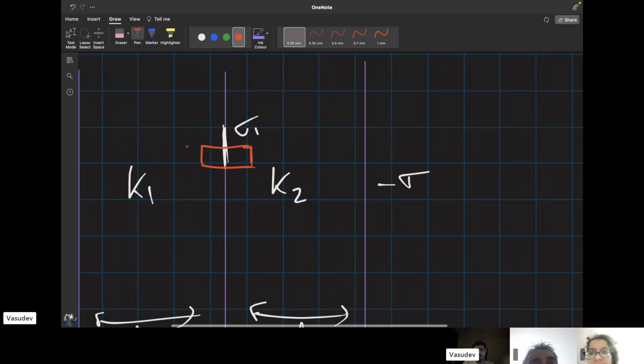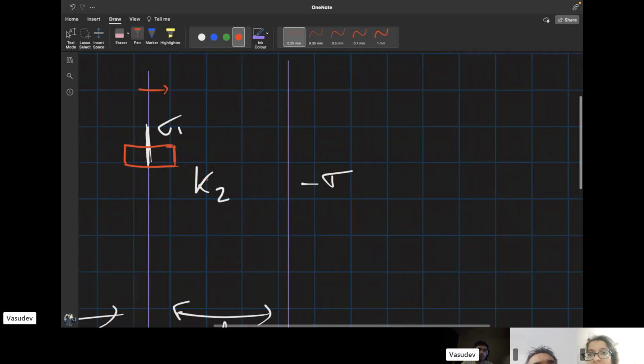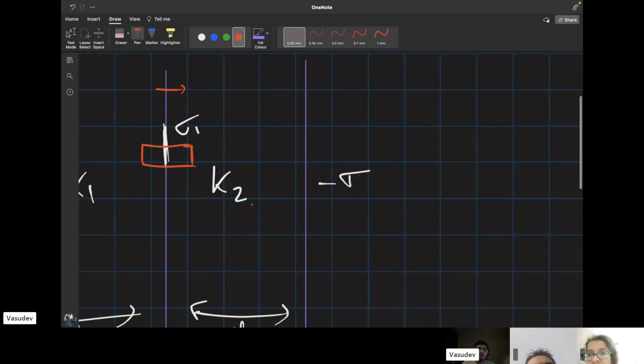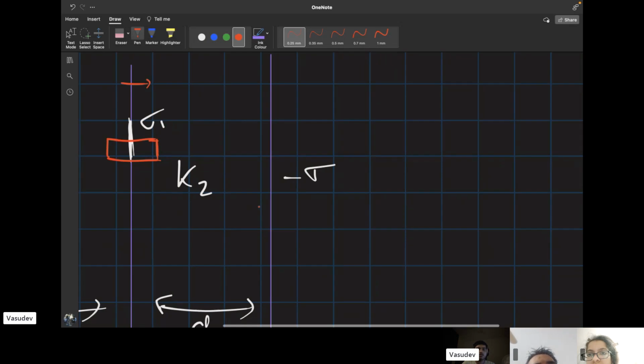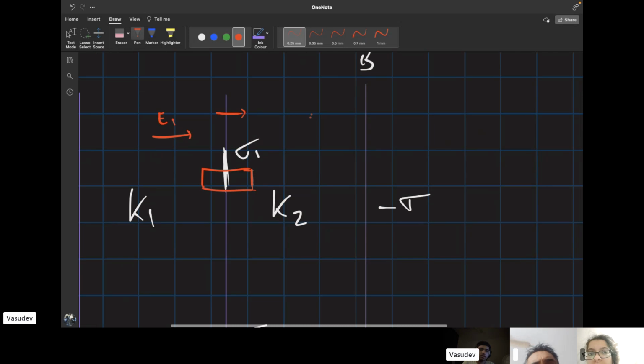We already know that the electric field is going to be in this direction. Magnitude may vary, but its direction is always going to be normal to the surface. So what we could do is just calculate the flux here, and whatever the differential is, that has to be equated to the charge. Let the electric field here be E1 and the electric field here be E2.